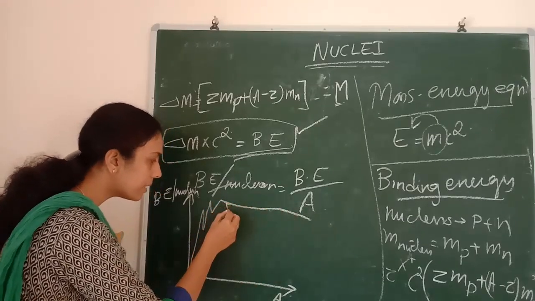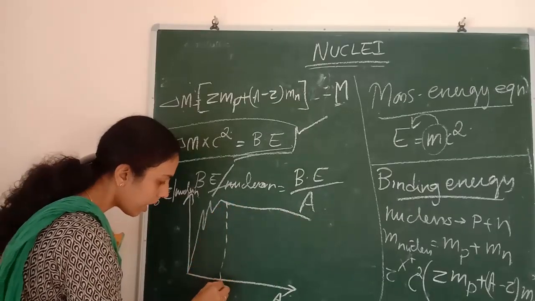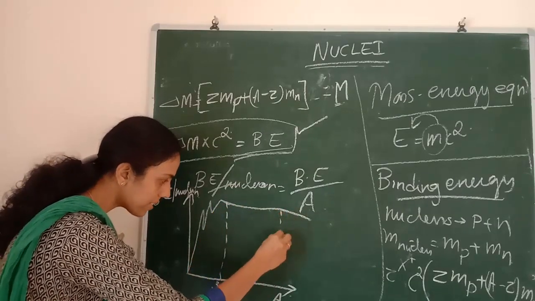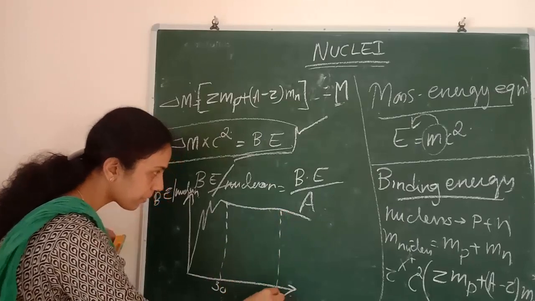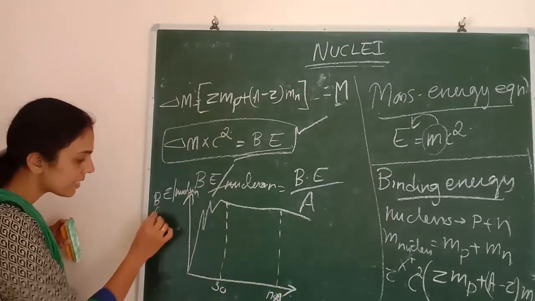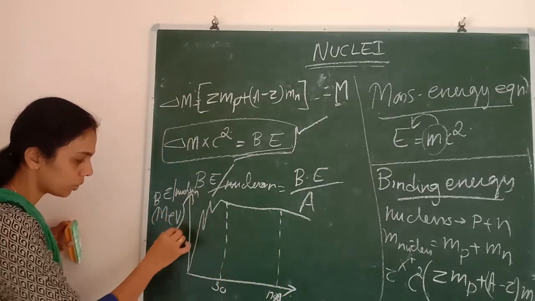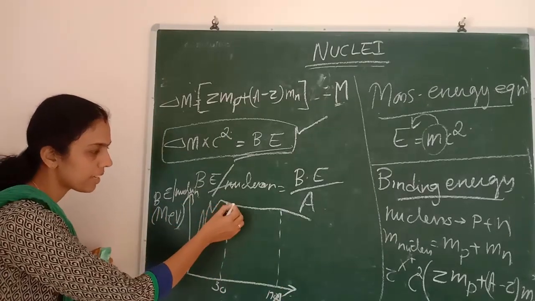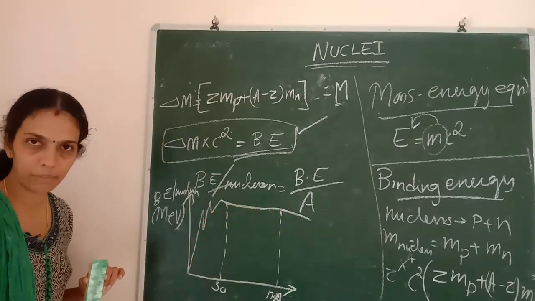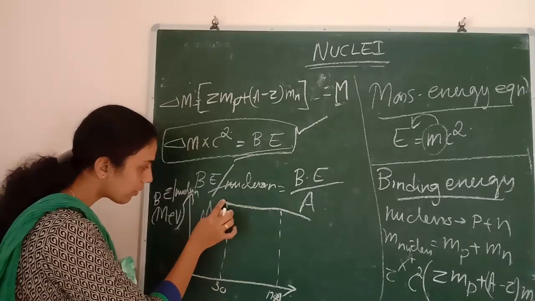See, from 30 to 170, represented in mega electron volt, it will be almost the same, and before that it will be decreasing.